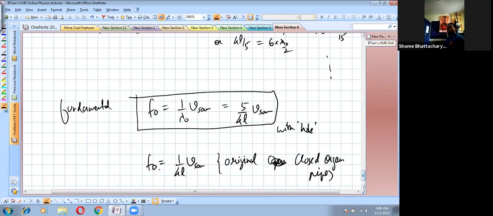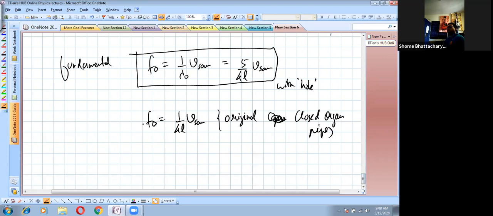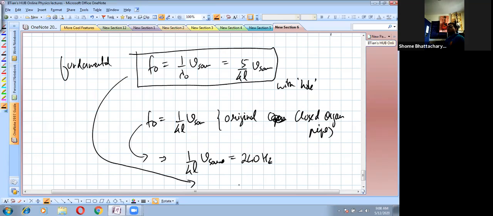That one. Okay. So from this, 1 by 4L into whatever speed of sound on the day is equal to 240 hertz. So the new fundamental frequency becomes 5 times 1 by 4L speed of sound.